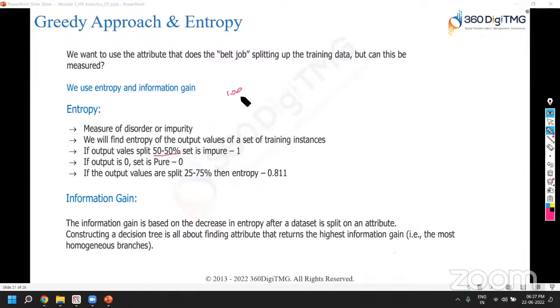If I have 100 customers, and 50 have purchased the computer and 50 have not purchased the computer, or out of 100 employees, 50 have resigned and 50 have stayed back, then you'll not be able to say much. Here we have the highest impurity. We need pure regions. Pure regions means everything should be yes or everything should be no. We don't want a mix and match.